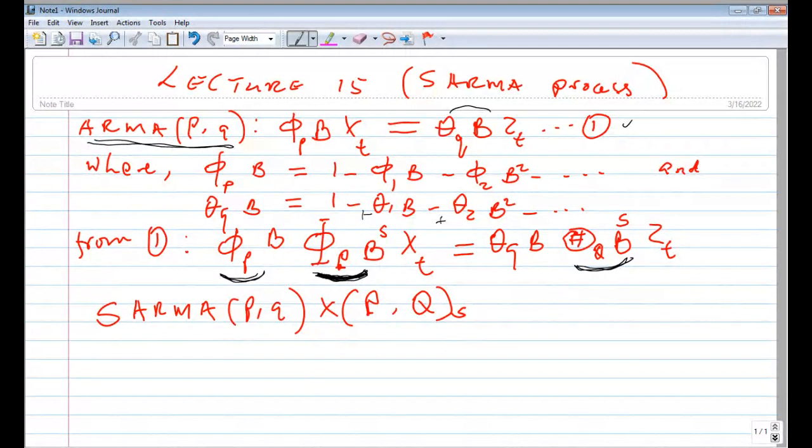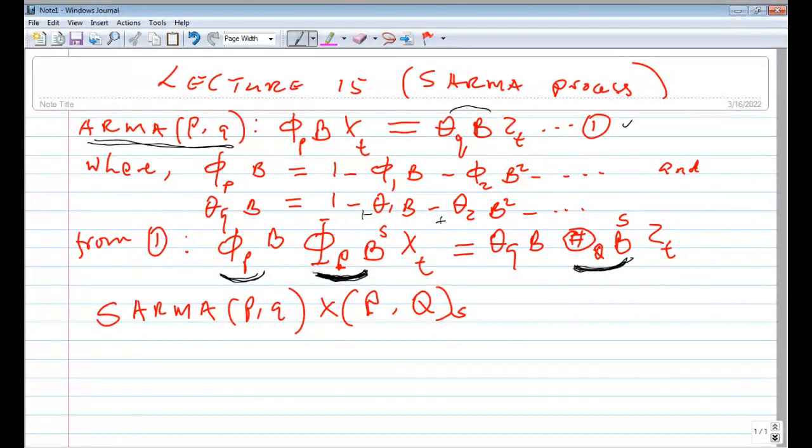Okay, so we do the same on the right-hand side. You add the seasonal part for the moving average, which is this one. So this is the seasonal part. Both those seasonal parts, they were not there before, isn't it? So we included them now so that the process can change to be a SARMA process, because it was ARMA at the beginning.